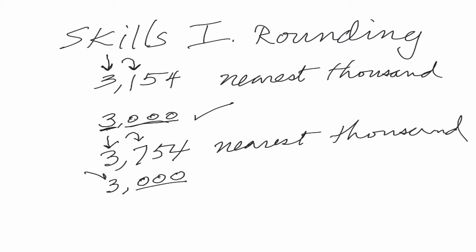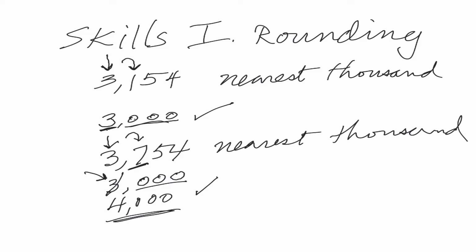This is the number that they want to be the last number. But it could be 3, but in this case, it's going to go up 1. So the nearest thousand is 4,000. That's because the next digit is 5, 6, 7, 8, or 9, making it more than halfway towards the next thousand, which is 4,000.